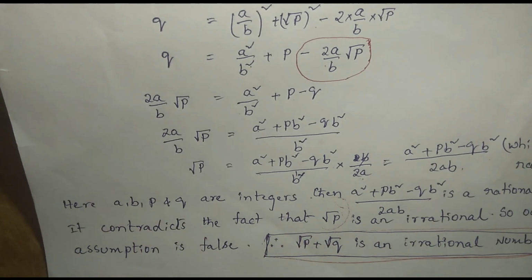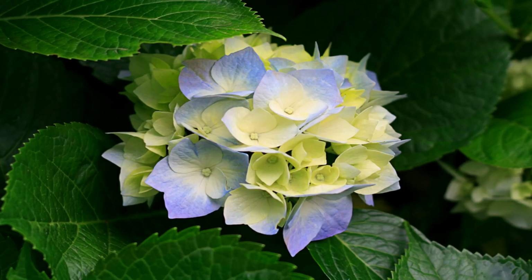Okay students, now we recall what we discussed in today's class. First we discussed the definition of irrational numbers and how to represent them, and also theorem 1.6 in our textbook. What is the theorem? If p divides a square, where a is a positive integer, then p divides a.